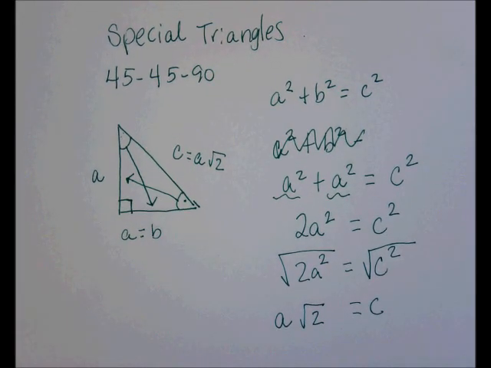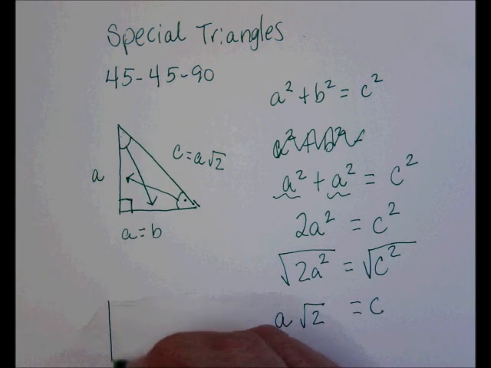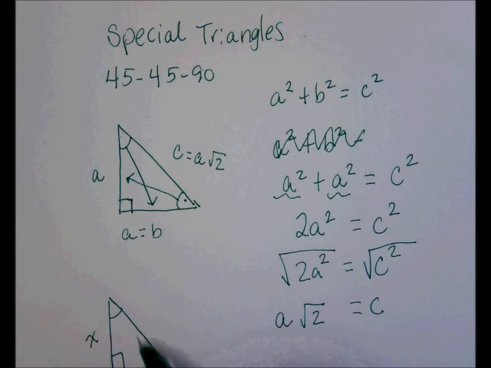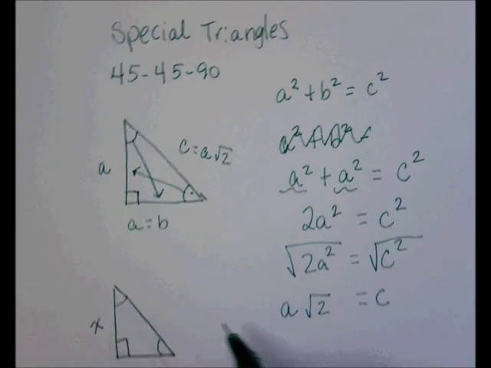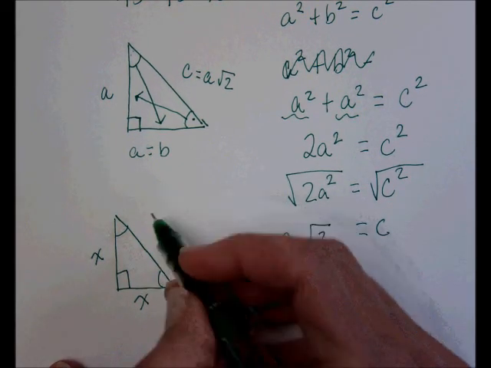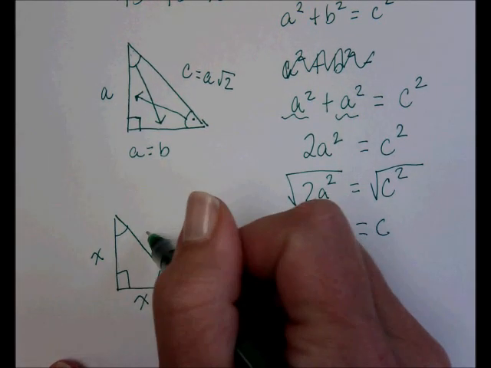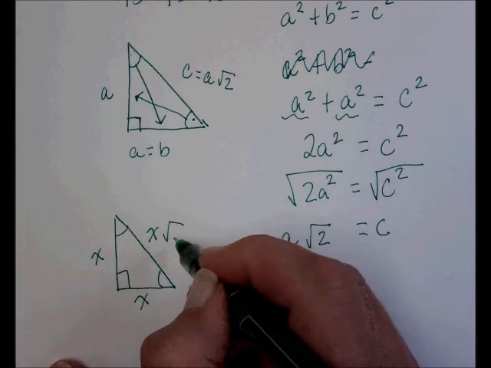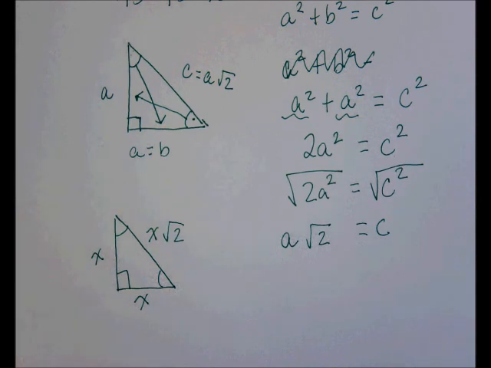Or we can also substitute in x, because a lot of times we use x as our variable. So if I know that one side of a 45, 45, 90 degree triangle is x, then I know the other side is x, and then I know that my hypotenuse is x times the square root of 2.